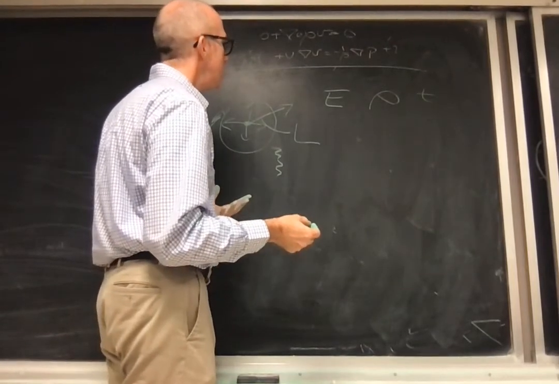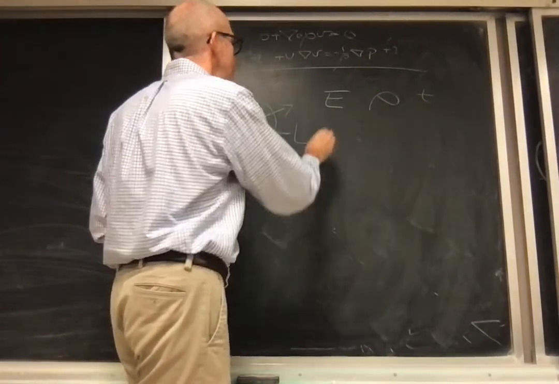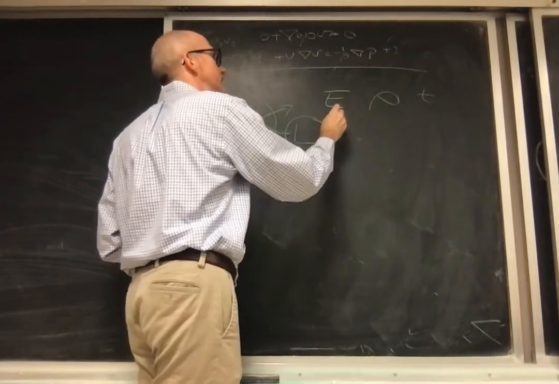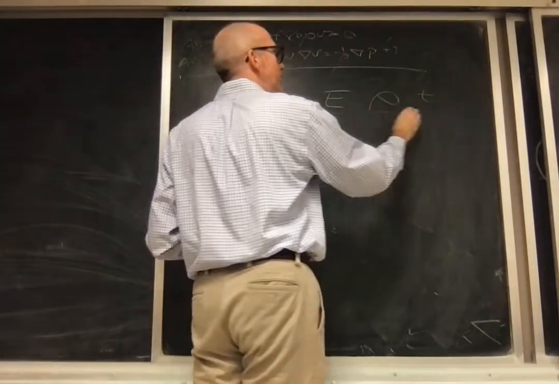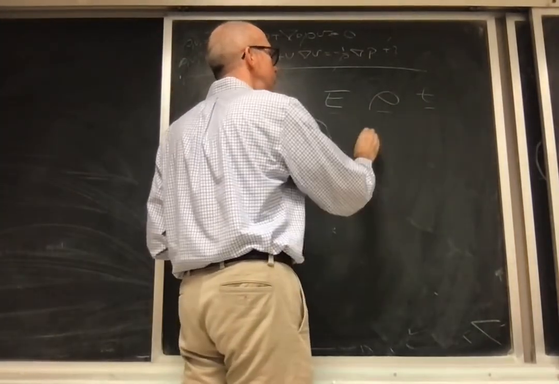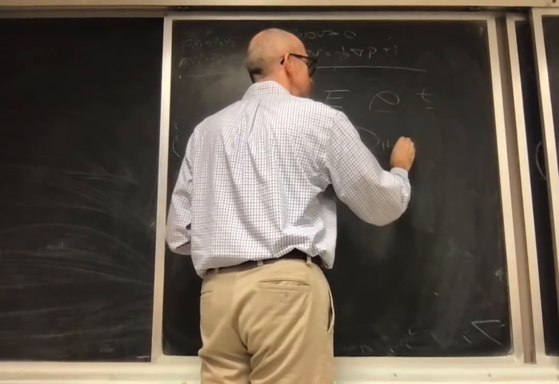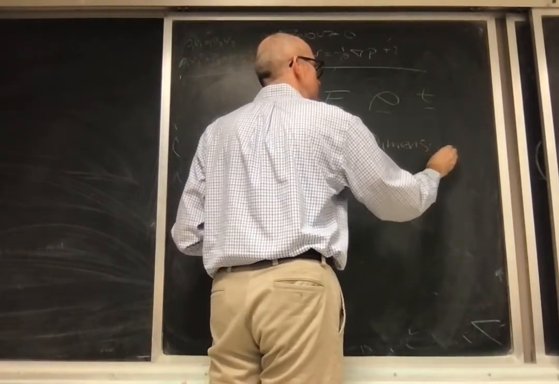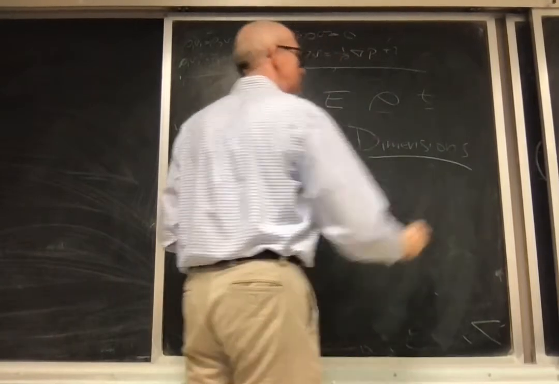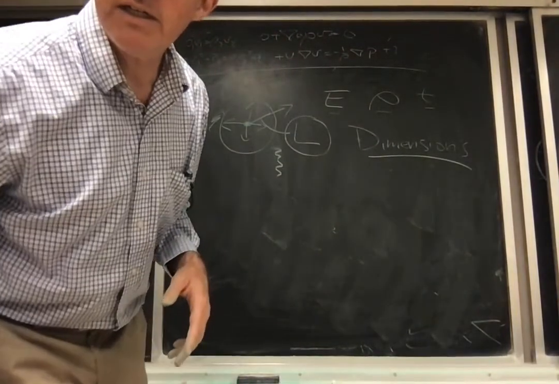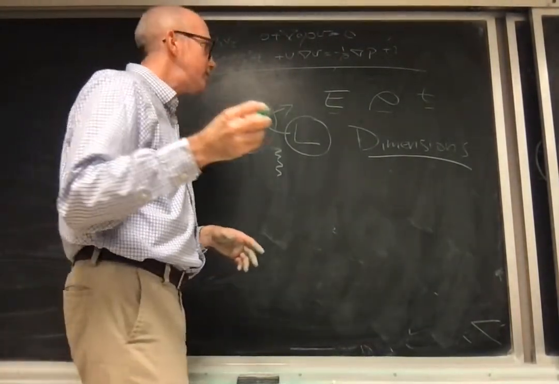So we want to find a function of length that depends only on energy, density, and time. And we'll do this using dimensional analysis. So I have 3 minutes. I can do this in 3 minutes.